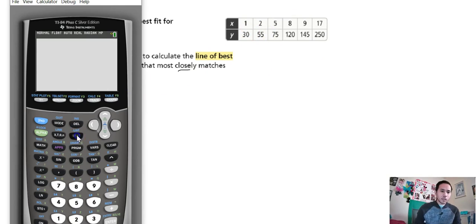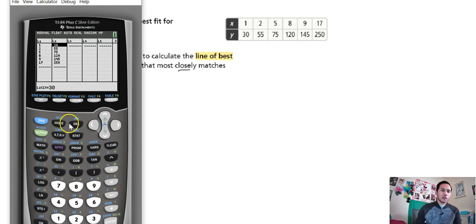First, I want you to press Stat, and then you have choices here: edit, sort A, sort D, clear list, setup editor. The first one is you press 1, and it will give you line 1 and line 2, meaning the value of x and the value of y. So I put it here: 1, 2, 5, 8, 9, and 17.